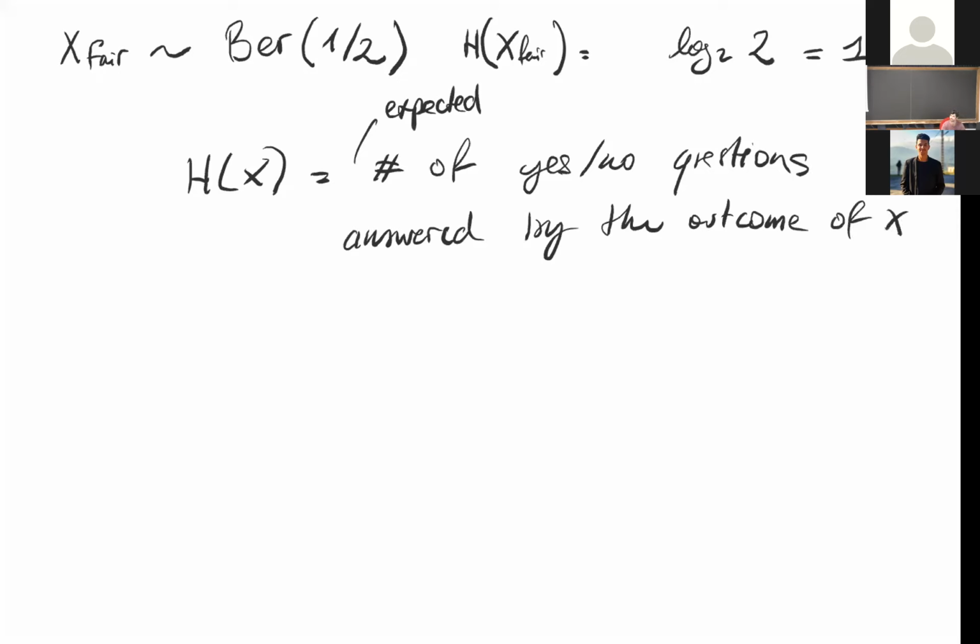So we understood that the entropy was a measure of information content. This is the expected gain of information we obtain when we observe the outcome of a random variable. You remember we discussed that. But any information, you can also think of it as a series of answers to yes-no questions.